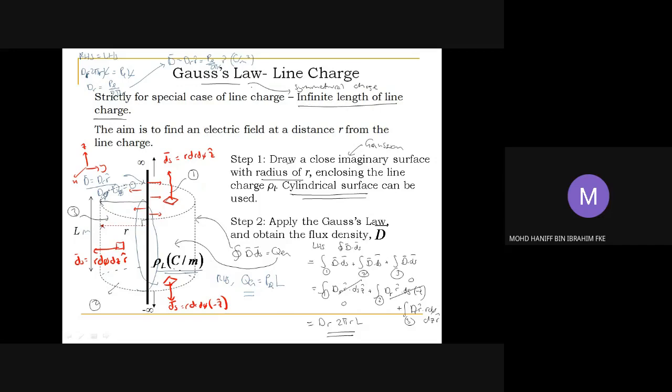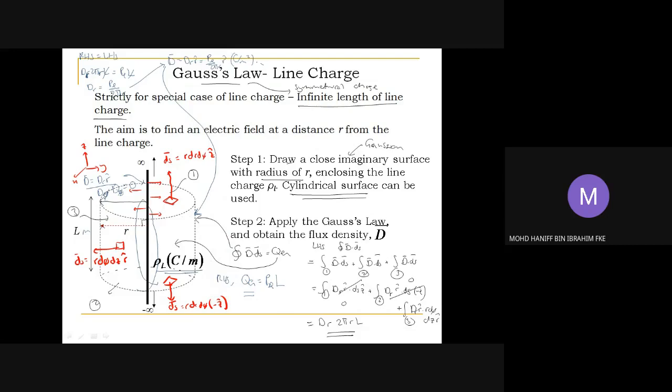Okay, so we have now obtained the flux density D. This flux density D is the flux density which is calculated on the curved surface of the Gaussian, the curved surface which has a radius of r.